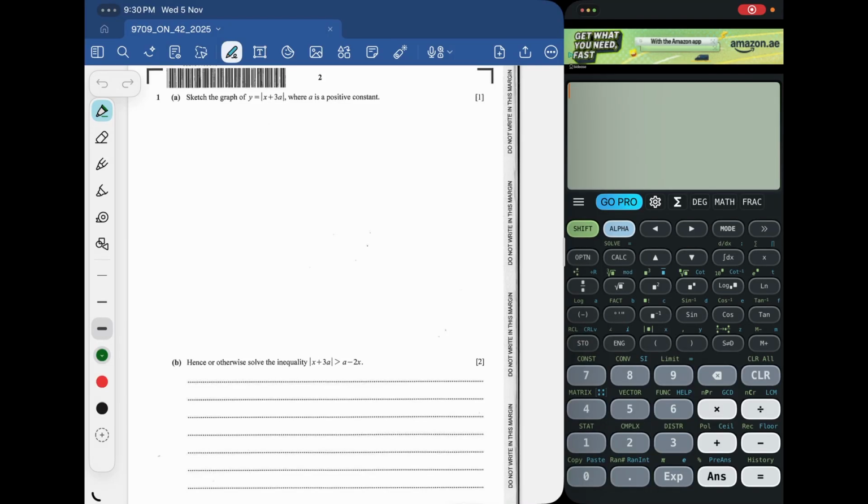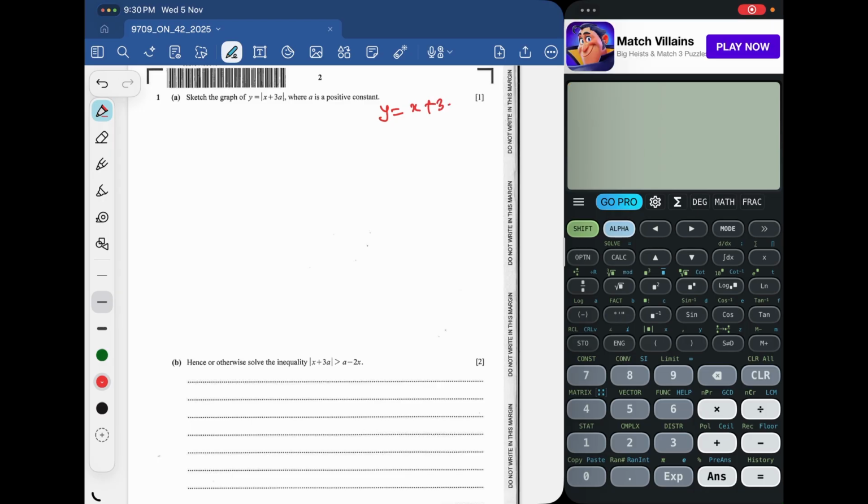So, question one, we're told to sketch. How do we sketch this graph? The way I normally recommend doing this is to just sketch the original graph. y equals x plus 3a.